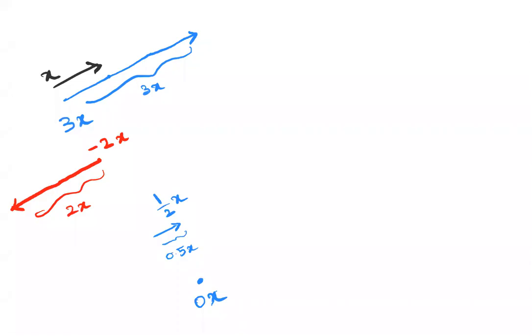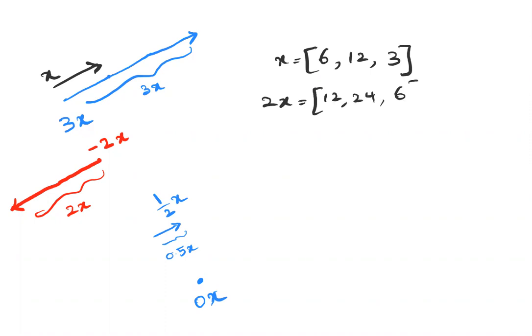Let's see some numerical examples as well. Vector x is equal to 6, 12, 3. So vector 2x is going to be 12, 24, 6. Vector -x is going to be -6, -12, -3.